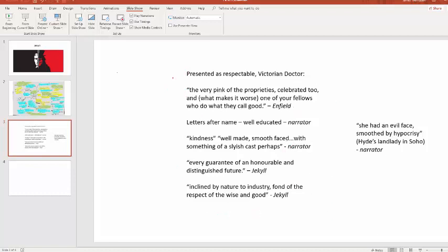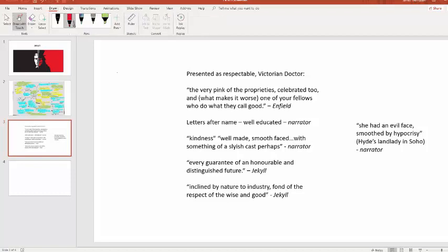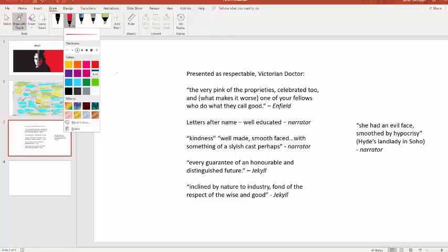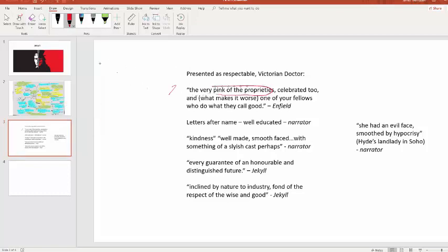If we start off with the respectable presentation of him, we know that he's presented as a very respectable Victorian doctor, and we've got some quotations now to back that up, which I've found. So Enfield, in The Story of the Door, talks about him without naming him as someone who is in the very pink of the properties, which means somebody who is the most respectable sort of person.